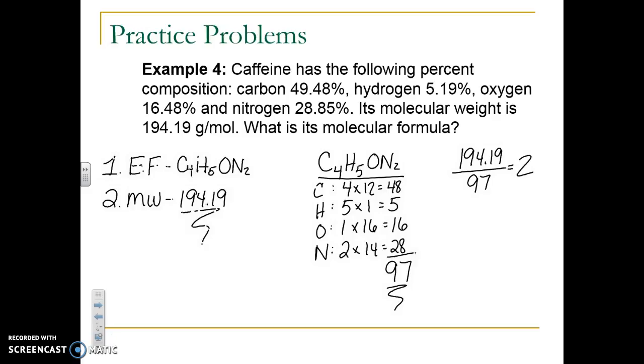So that tells me that the actual molecular formula is 2 times that of the empirical formula. So my final molecular formula will be C8H10O2N4.